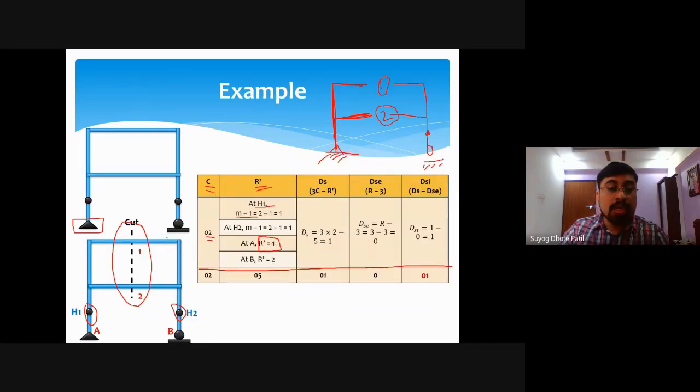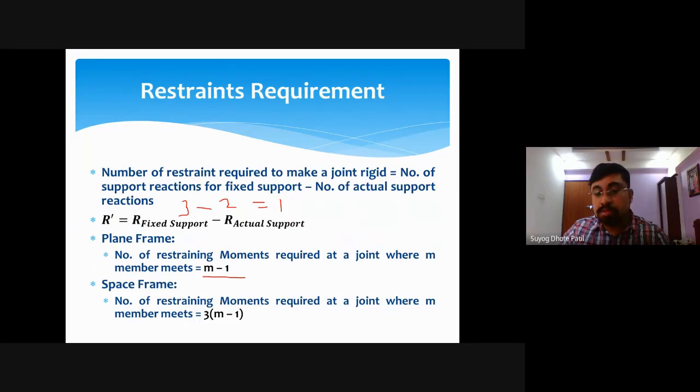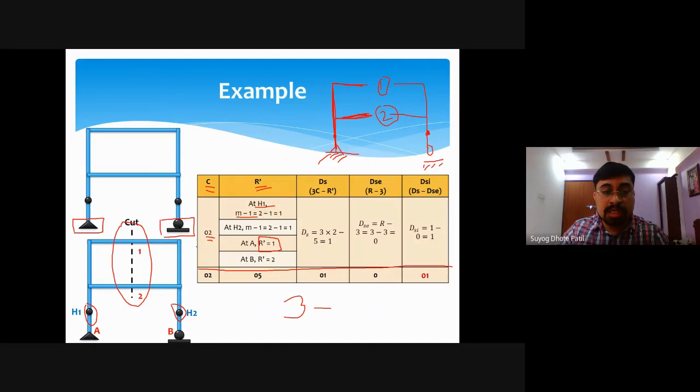Similarly for the roller support, r fixed minus r actual: 3 minus, for a roller support there is only one reaction, so 1.